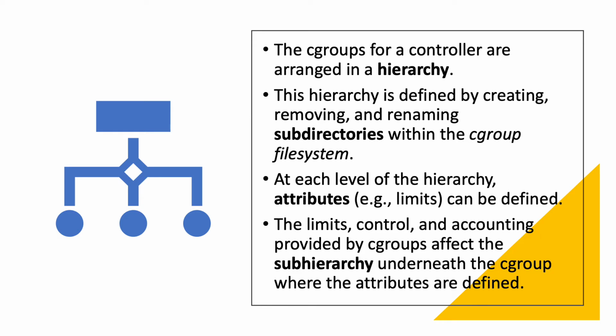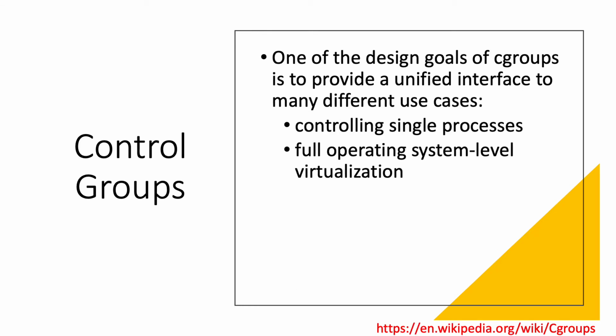And so you create, remove, rename subdirectories within this C group file system. So at each level of the hierarchy, various limits can be defined. So you can have limits, control, accounting, everything like that on these C groups, and everything underneath that group in the sub-hierarchy has its attributes defined by what's above it.